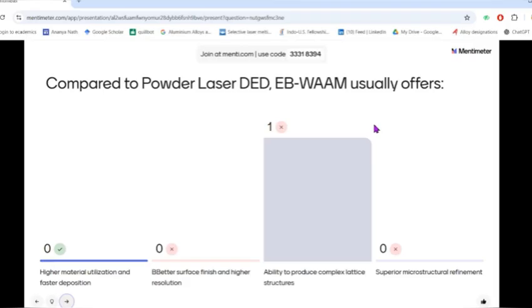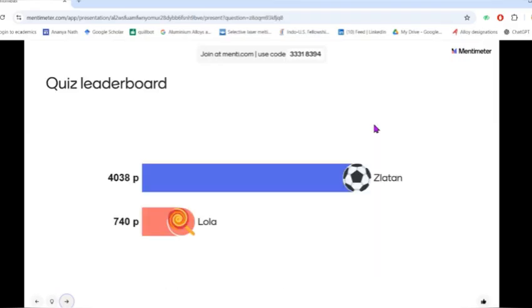So obviously, the deposition efficiency is near 100%, and faster deposition, because again it's in vacuum. So the contamination and everything is lesser. Chances of oxidation contamination is near zero.